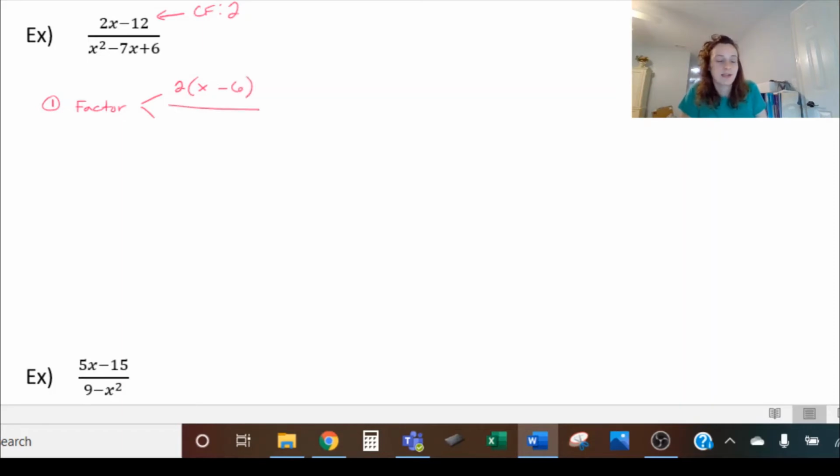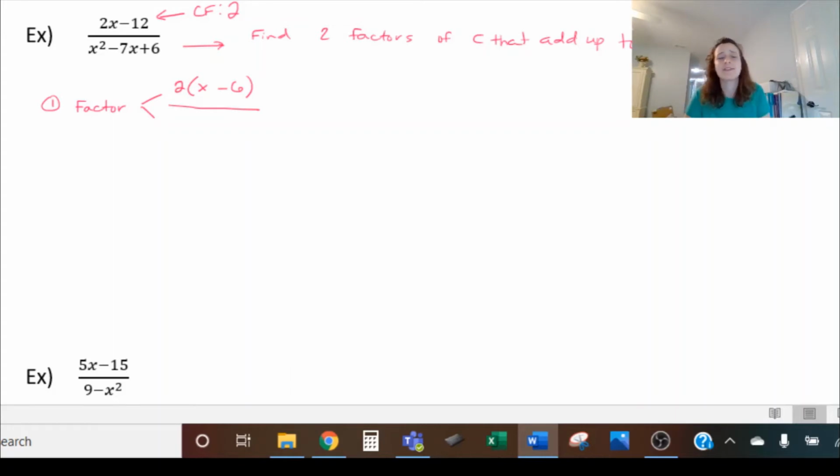In the denominator, though, notice here I have a quadratic, so this is where you need to go back to chapter 9 and refresh yourself on how to factor quadratics. You want to find 2 factors of c that add up to b. And remember, b and c come from ax squared plus bx plus c.